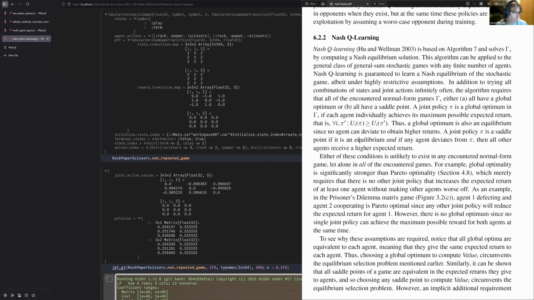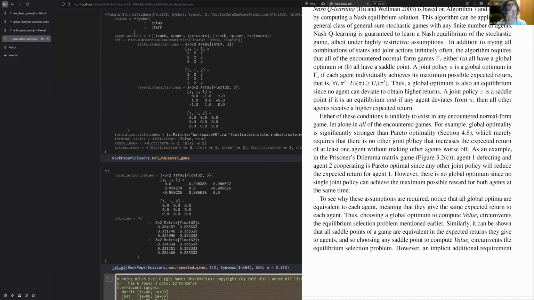And whatever the condition is that needs to exist, it has to apply to all of the game states, like all of the equivalent normal form games in every game state. So that's pretty unlikely. There are a lot of different problems with this, which is why there's no pseudocode for it in the book. And I did not write an implementation of this because there's no way to guarantee that it will work.